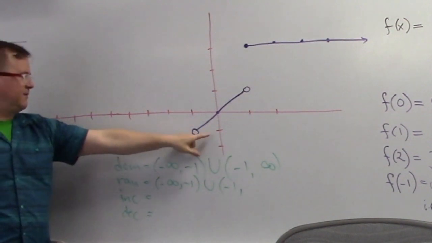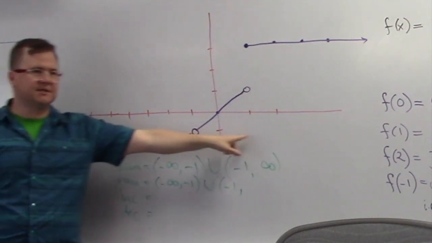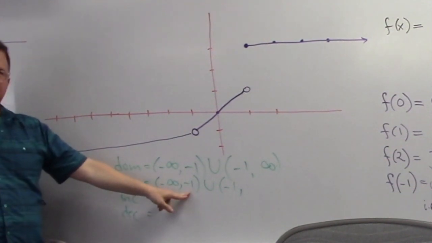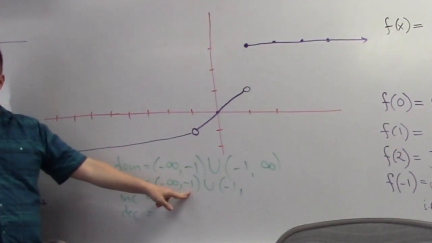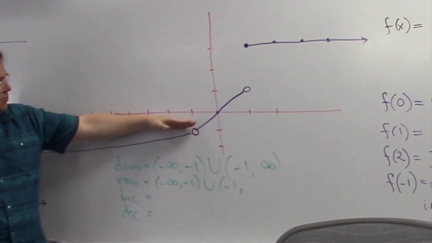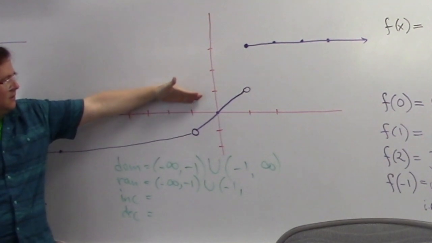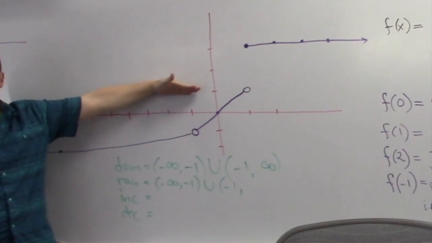But then at negative 1, if I look to the left and the right, I don't see any point on the graph. So that's why we're skipping past negative 1. But if you continue past that point, I do see points on the graph that have y-coordinates between negative 1 up to, but not including, 1.